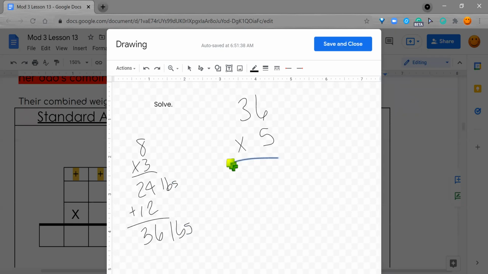So I'm going to do 5 times 6, which is 30, and you write that as 30. So I'm going to drop my 0 in the ones column in the product and carry my 3 to the tens column. I'm going to do 5 times 3, which is 15 plus 3. 15 plus 3 is 18. So my 8 will go in my tens column and my 1 will go in my hundreds column. So I've got Dad's weight.